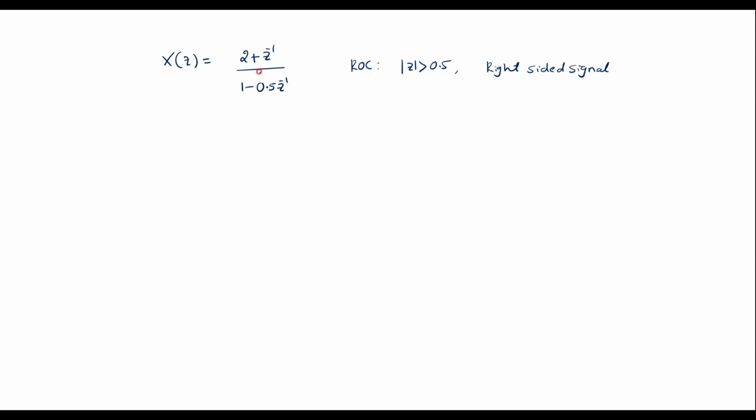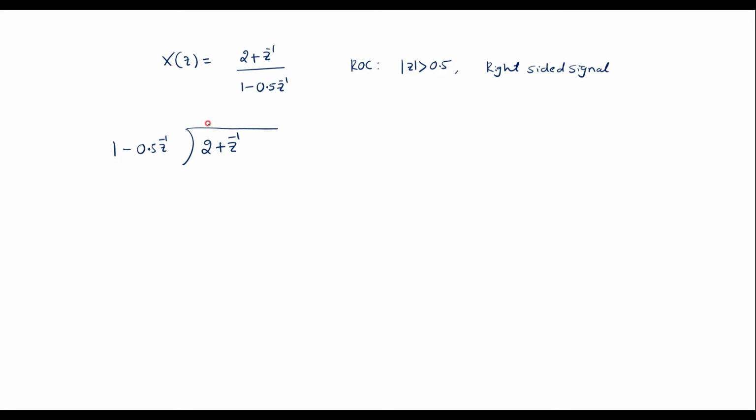That is, we have to divide 2 plus z inverse by 1 minus 0.5 z inverse. So here 2 plus z inverse is represented in ascending order. Let me represent the divisor also in ascending order, that is 1 minus 0.5 z inverse.